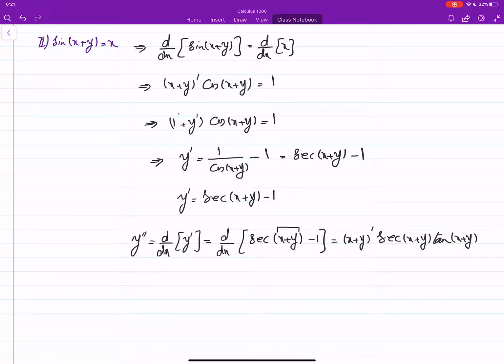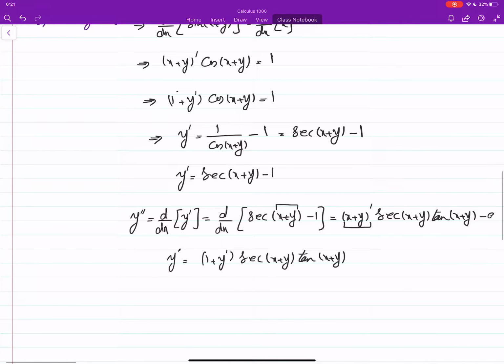Remember, the derivative of secant x is secant x tan x, minus 0. So we almost found it. This is this part, sum rule, 1 plus y prime times secant x plus y times tan x plus y.